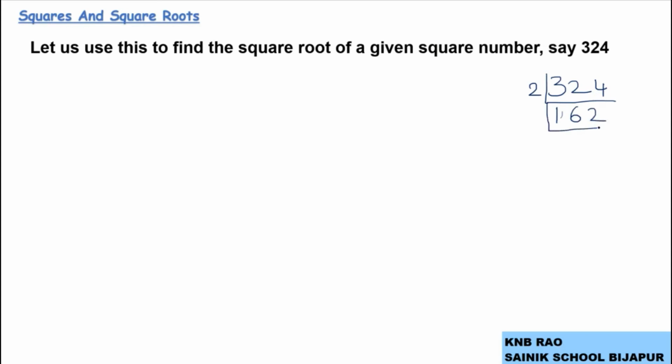Next, again this is an even number, divisible by 2. Since 1 is less than 2, we will consider the first 2 digits. 2 eights are 16 and 2 ones are 2. This is not an even number, so it is not divisible by 2.